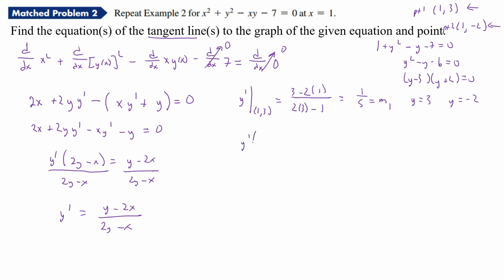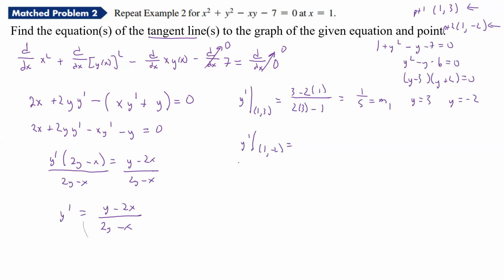All right, so y prime, oops, that's supposed to be a straight line, but that's okay. And we'll do 1 comma -2 now. So y in this case is -2.